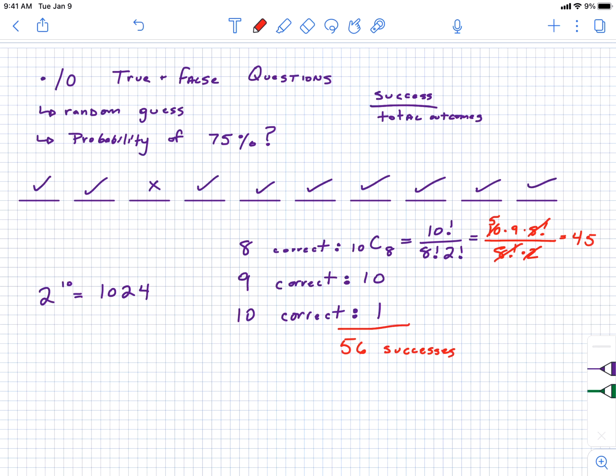Okay, again, getting the 8 correct, it's a little difficult to illustrate or show you how that's happening with checks. I'm not going to show you all 45 cases, but combinations are a matter of basically thinking about having 8 check marks and 2 X's here, right? Getting 8 correct, it's, hey, how many ways can I put these 8 check marks in here?